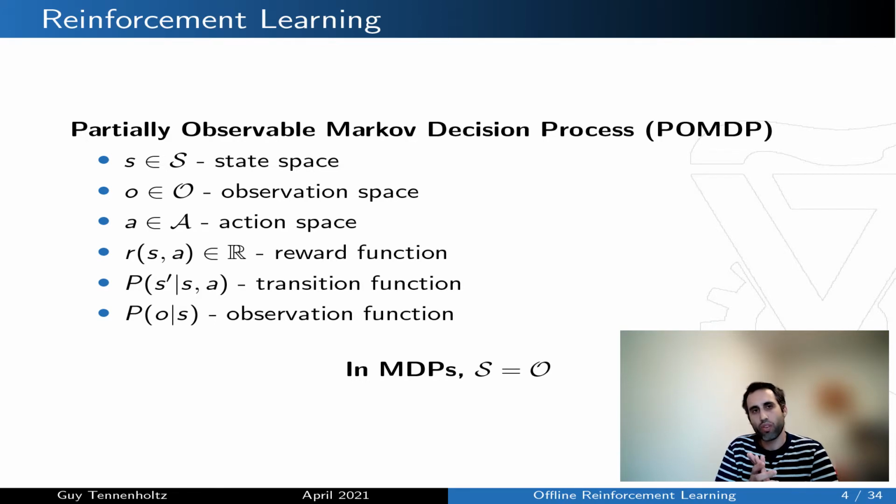In offline reinforcement learning, when thinking of POMDPs, of partially observable Markov decision processes, the problems become much harder than what we're used to in online reinforcement learning, and I'll touch on this aspect a little bit later. I'll also explain its relation to causal inference. So it's a pretty important aspect in offline reinforcement learning.